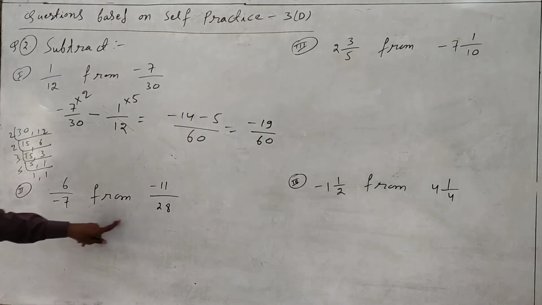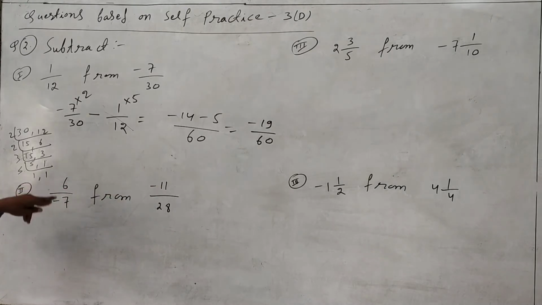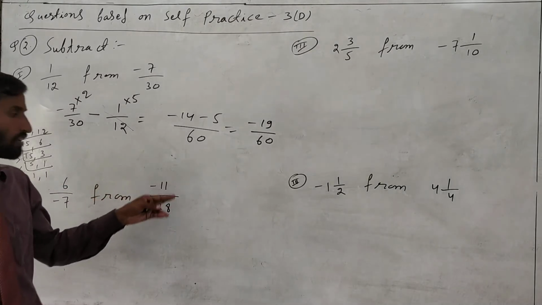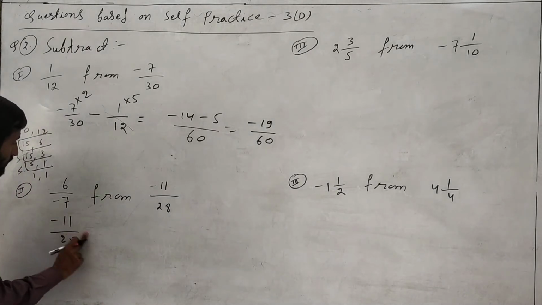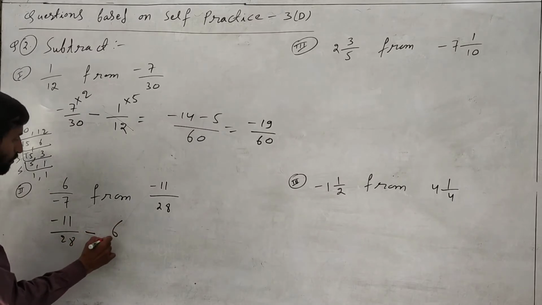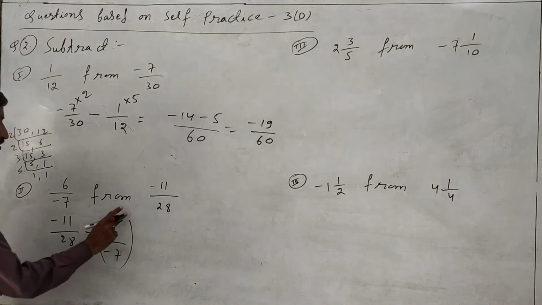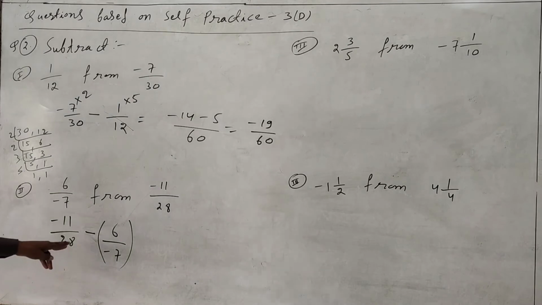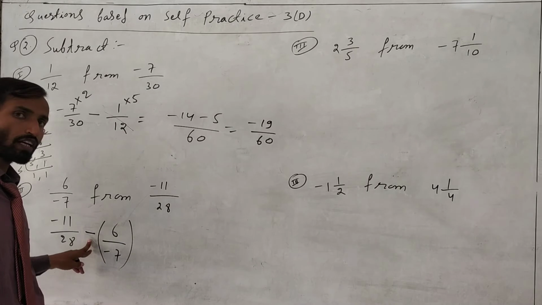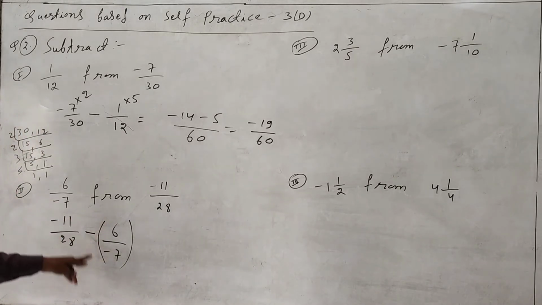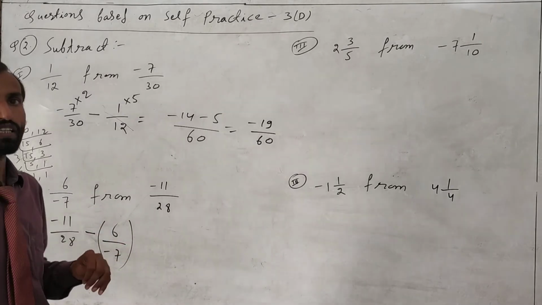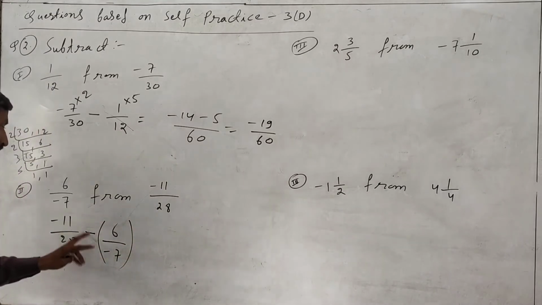After that, the next part is to subtract 6 upon minus 7 from minus 11 upon 28. First of all we write down minus 11 upon 28 minus 6 upon minus 7. In this case we have to subtract, that's why I have put a minus sign here, and previously there was a minus sign in the number, so I put a small bracket, because two signs would not come together.